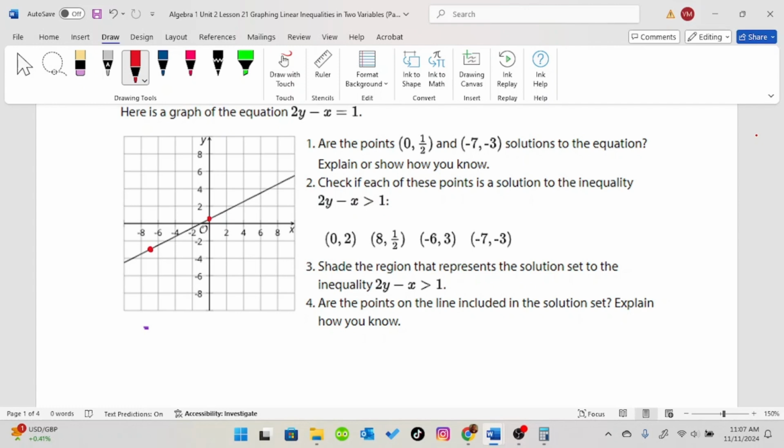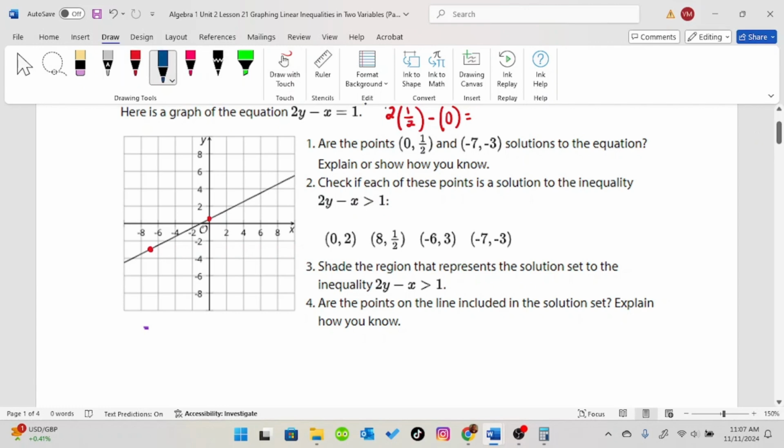Now, because they are in areas that are not right on crosshairs, we may want to go ahead and check algebraically as well. So first we would say 2y, and y is 1/2, minus x, and x is 0, equals 1.